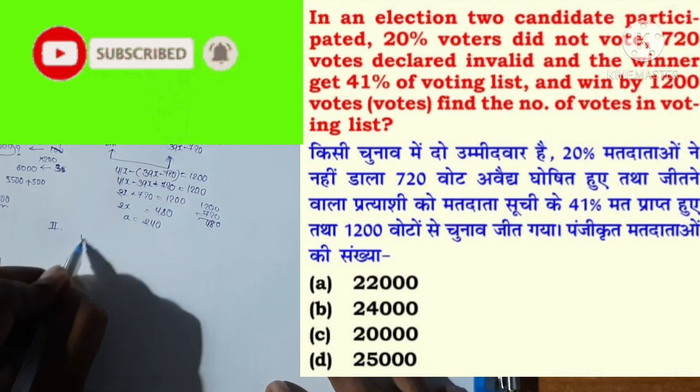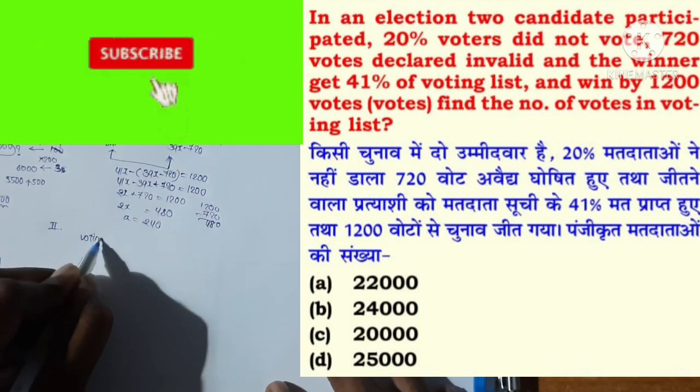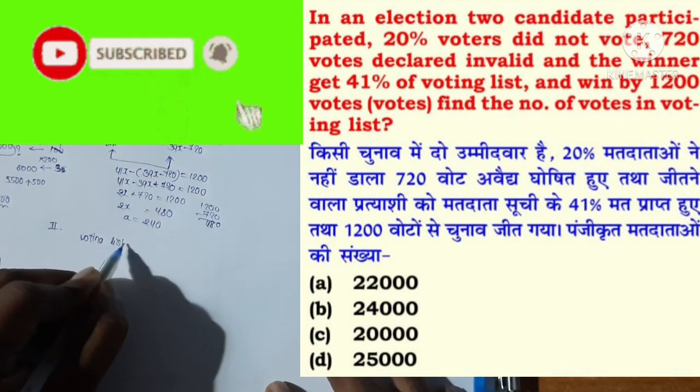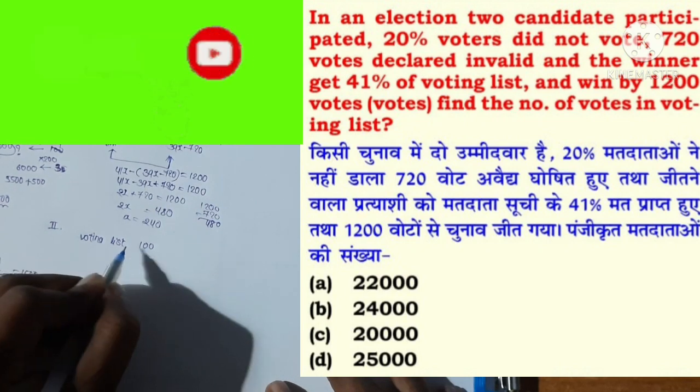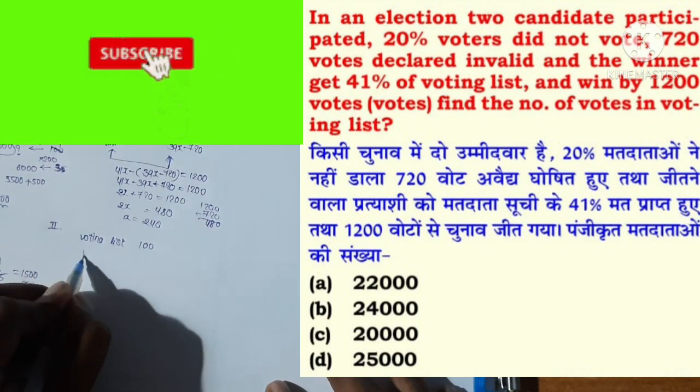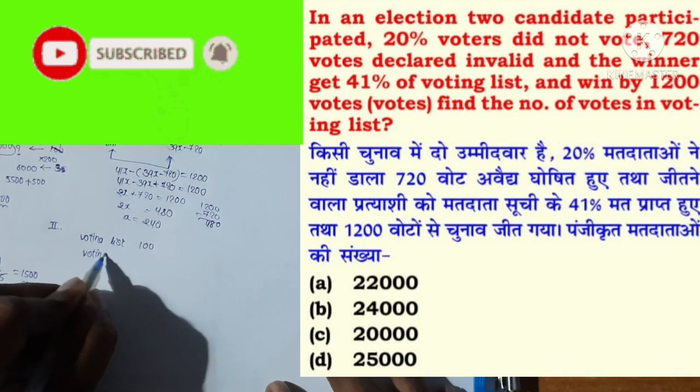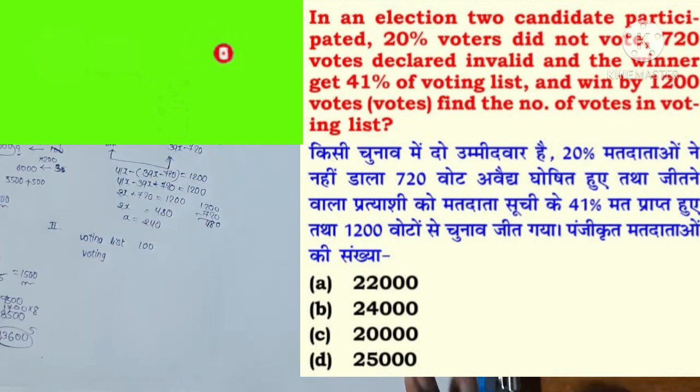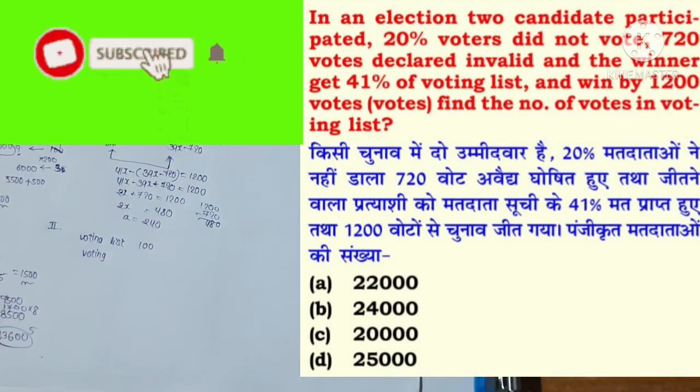Take the voting list as 100. So 20 percentage of voters did not vote.